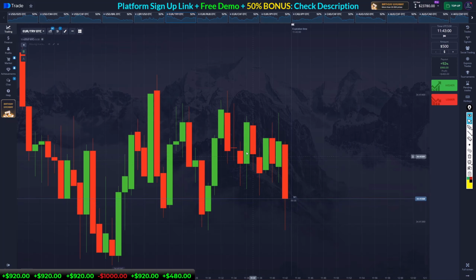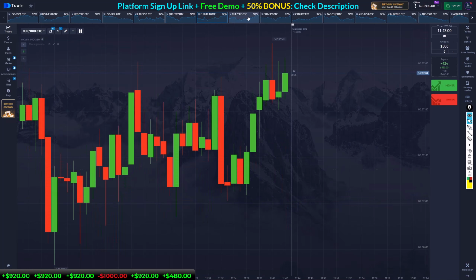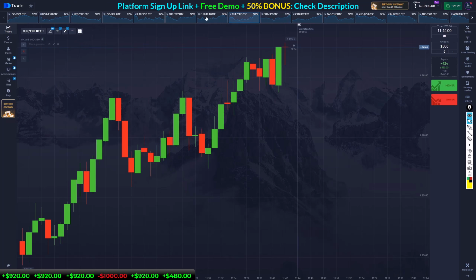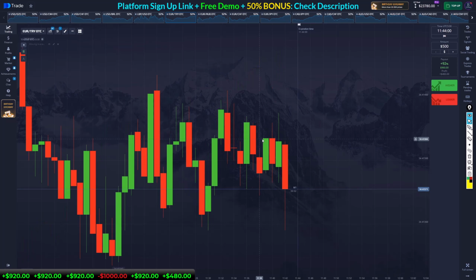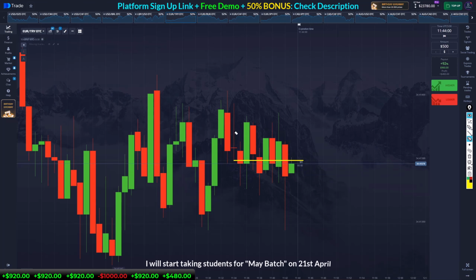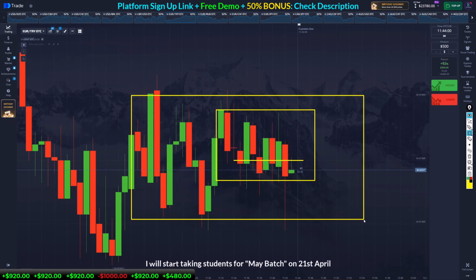Okay, here again, let me just check the next ones real quick. Go back to this one. All right, this one is breaking this doji again, but you know why I do not take this trade as a buy? Because you see this gap up, right? So basically this is a range inside a bigger range.